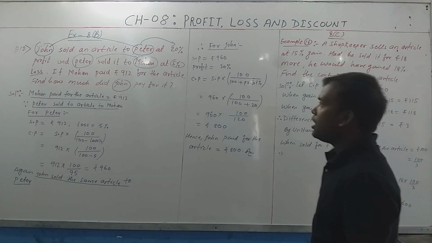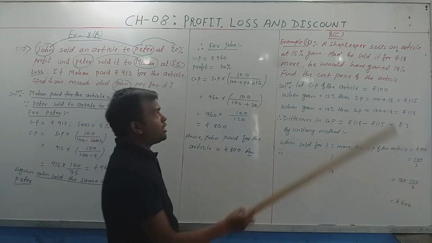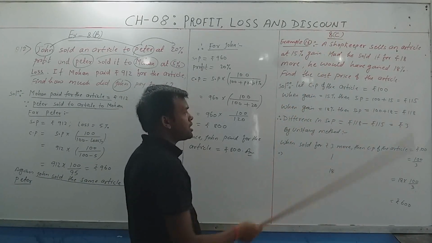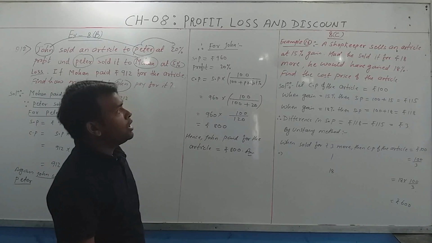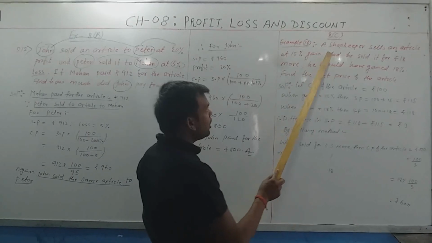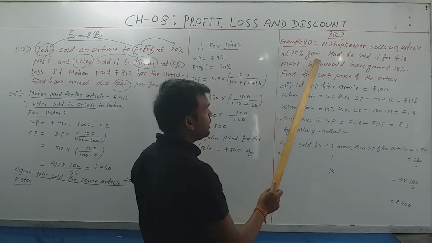Is it clear? Now let me solve one more question, related to example number 16. This question is very important and easy also. A shopkeeper sells an article at 15% gain.